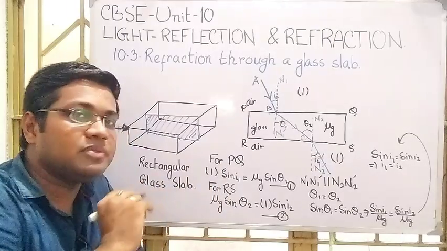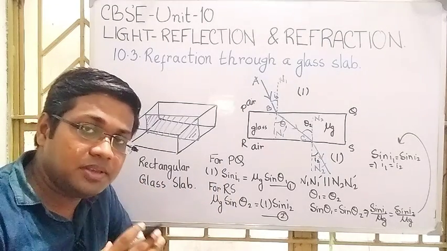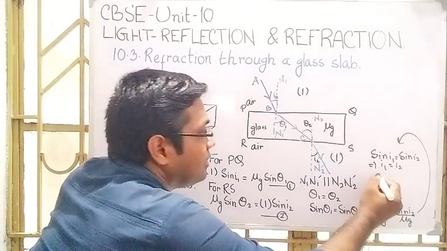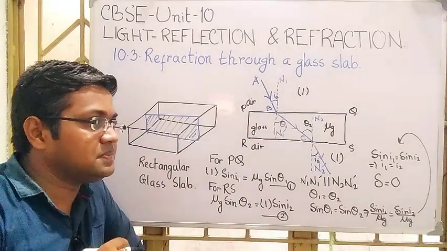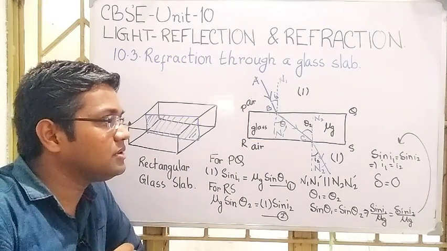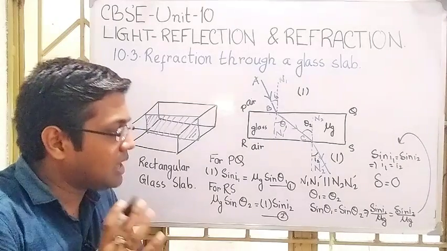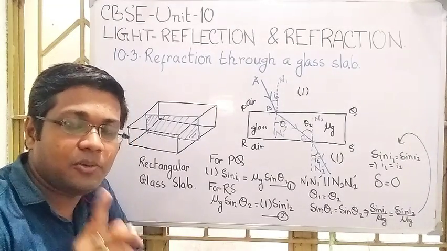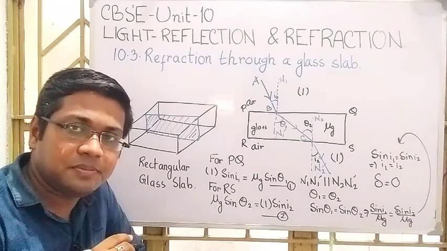So if I want to calculate the angle of deviation, since the angle of incidence and the angle of emergence are equal, del equals 0. So the angle of deviation becomes 0.